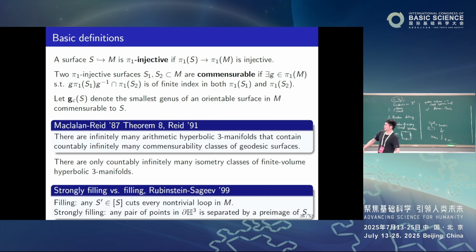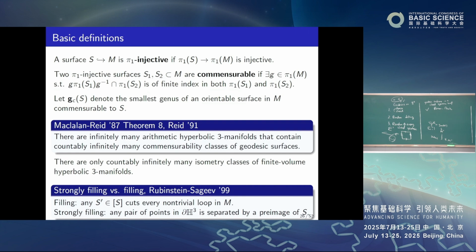And the notion, which generalizes to 3 manifolds, there are 2 notions. The first one is fitting. So how do I define fitting for a surface? Because my surface is just a homotopy class of surfaces. My surface is fitting if my surface cuts every non-trivial loop in my manifold. Okay? So take any representative of my surface.